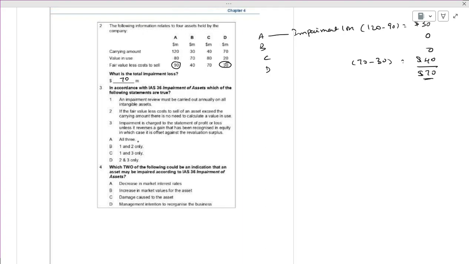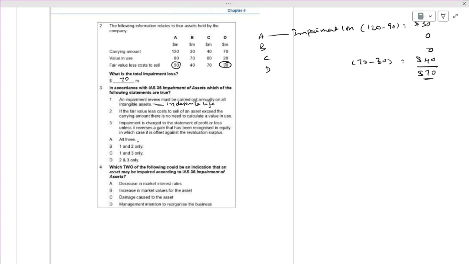See, the impairment with intangible assets will be done for definite life or indefinite life? Impairment will be done with indefinite life only. Definite life is amortization.